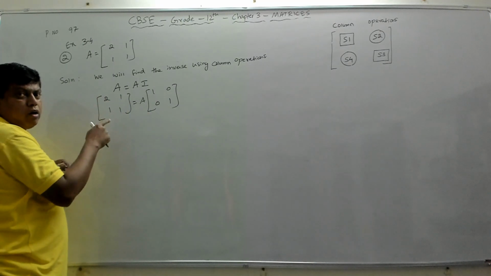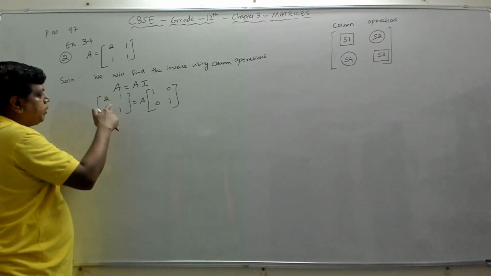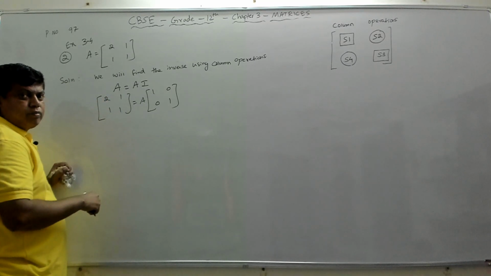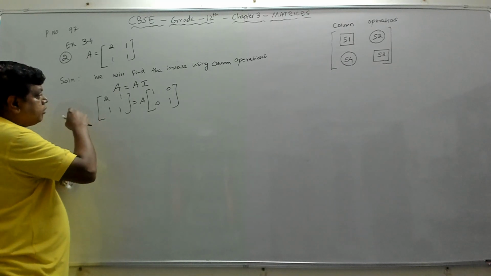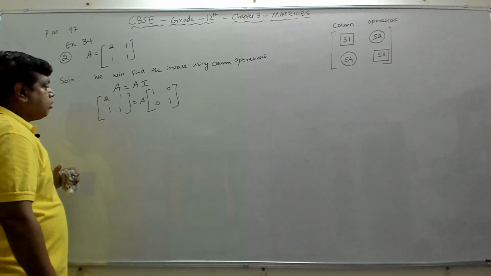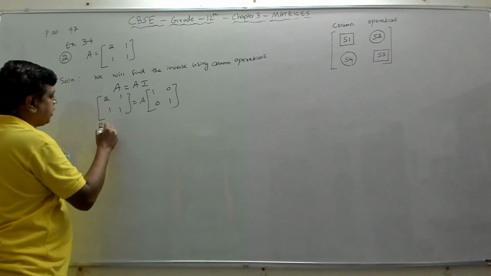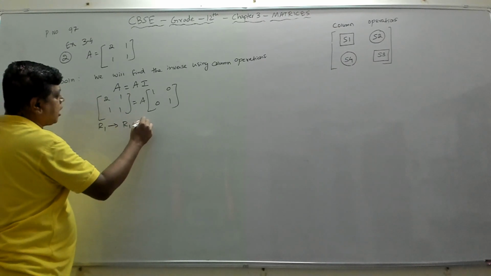That is one way. Or we can use the other row: if I subtract these two, 2 minus 1, I'll get 1. So we'll use the other one.